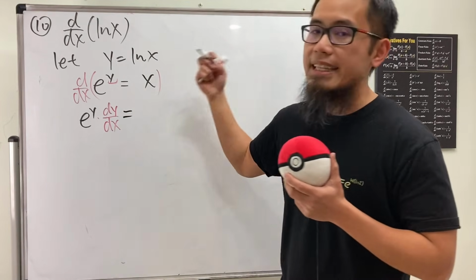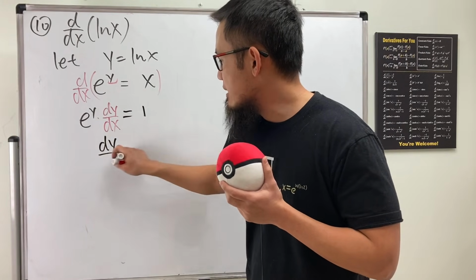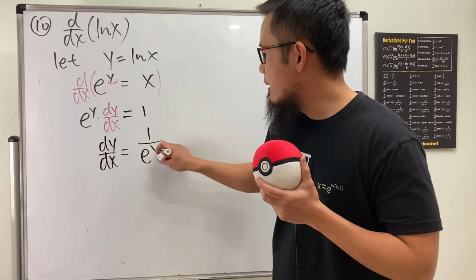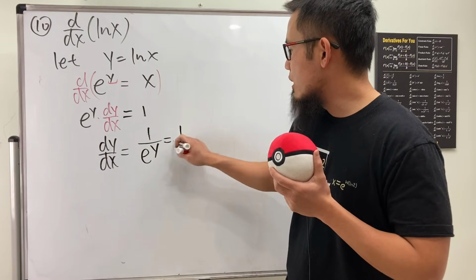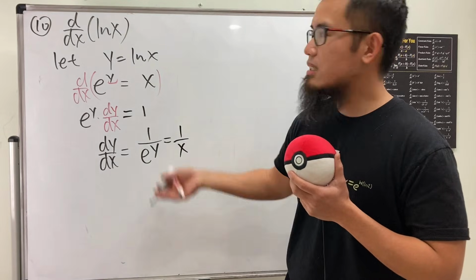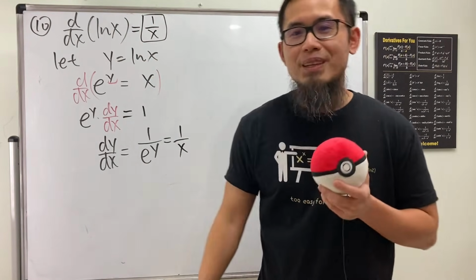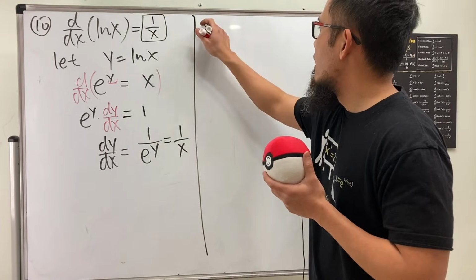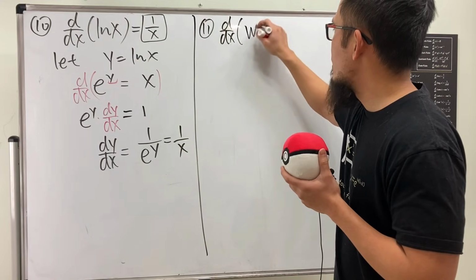And the right hand side, the derivative of x is just equal to 1. So you see, dy/dx is just nicely equal to 1 over e to the y. But what's e to the y? e to the y is of course just x, so all in all we just get 1 over x. That's the derivative of ln of x. Nice. Now, let's look at what if we have to differentiate the Lambert W function.